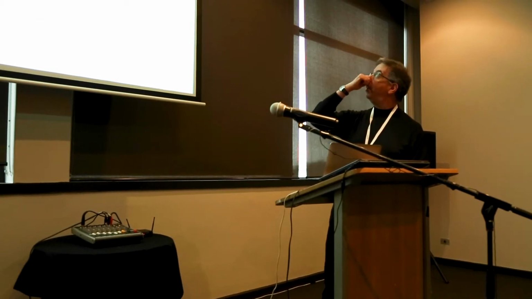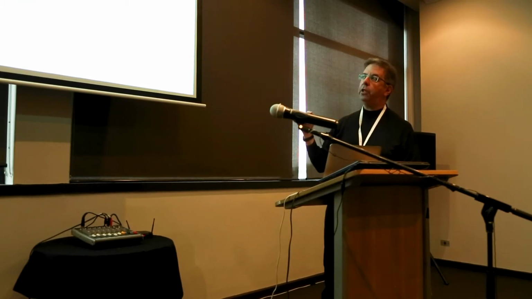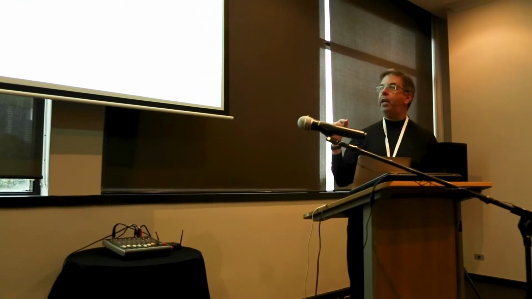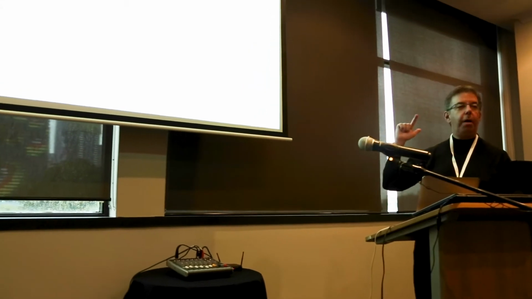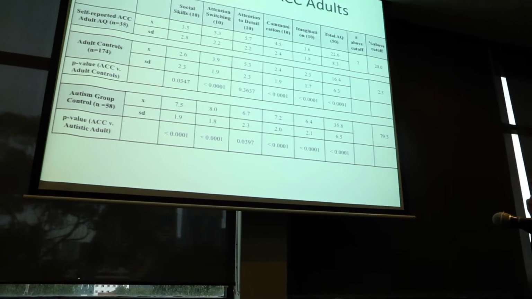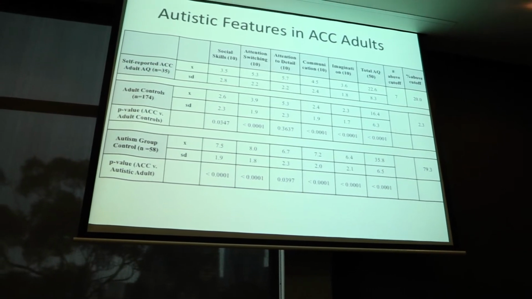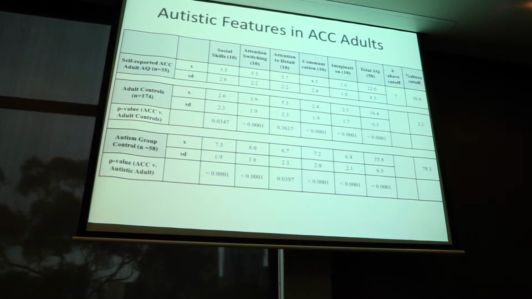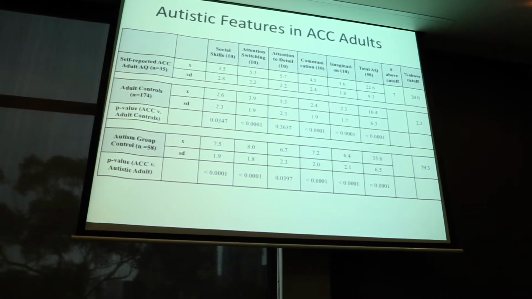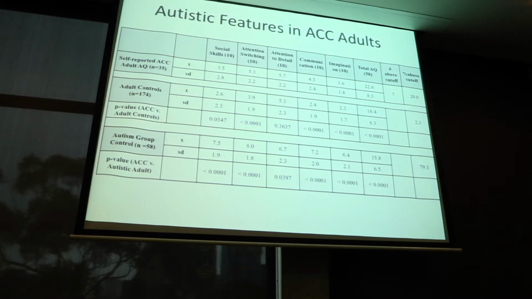Okay, and then this is now looking at adults. And this is looking at, again, adults with autism, neurotypical control adults, and then adults with ACC. And this is self-reported, right? So this is the individual, him or herself with ACC, commenting on what they felt were the traits.